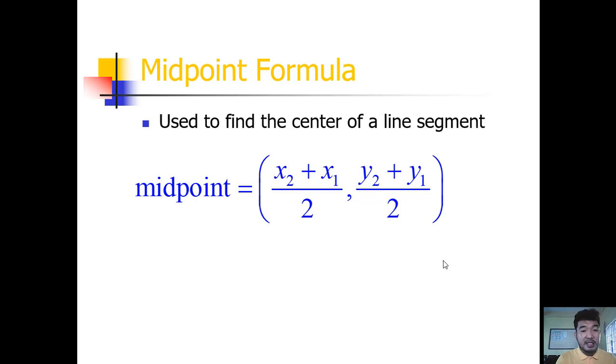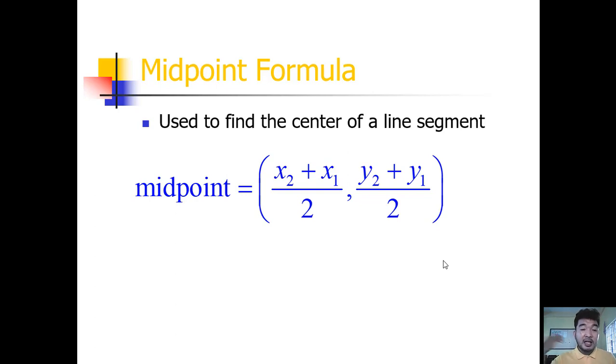Midpoint, ibig sabihin, pinakagitnang point sa pagitan ng dalawang given points. That's the difference. Pag sinabi nating distance, yung distansya ang sinusukat, yung layo ng bawat isang point sa isa't isa. While, when we solve for the midpoint, we are computing for the point in the middle of the other 2 points.